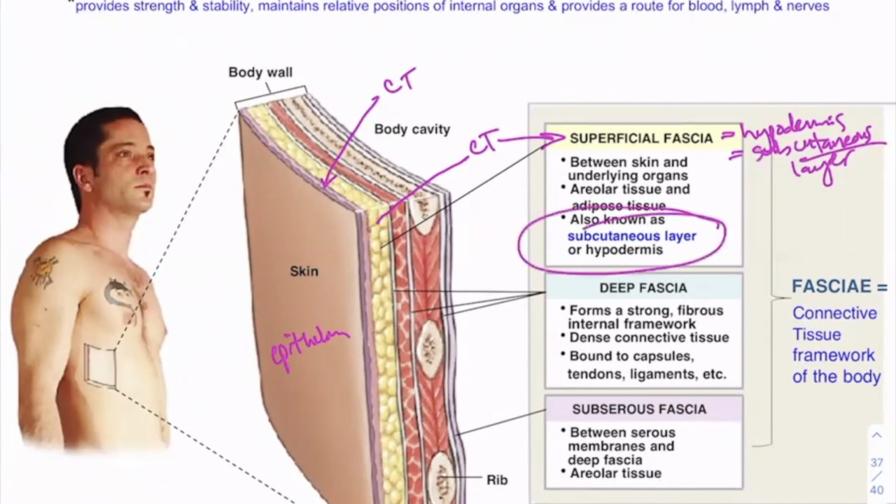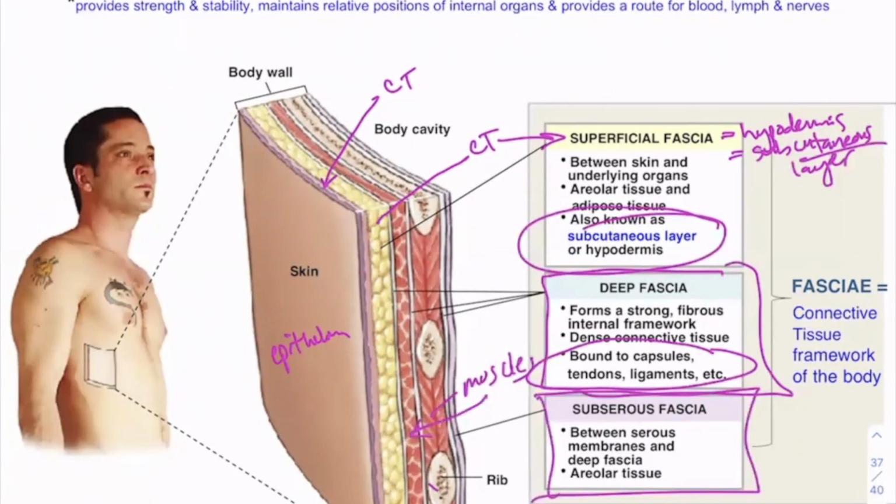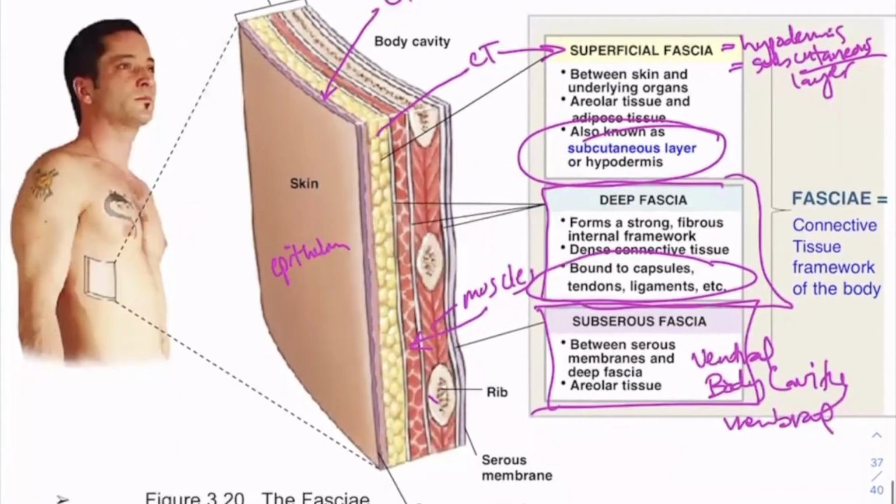Deep to that is deep fascia, a dense fibrous connective tissue framework that basically bounds capsules, tendons, and ligaments that are surrounding muscles. And then you have your layers of muscle, right? So these are muscles. And then lining the body cavities is serous fascia, right? So these line ventral body cavity membranes. And so we have this framework.